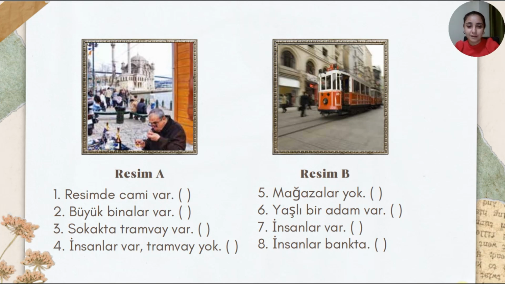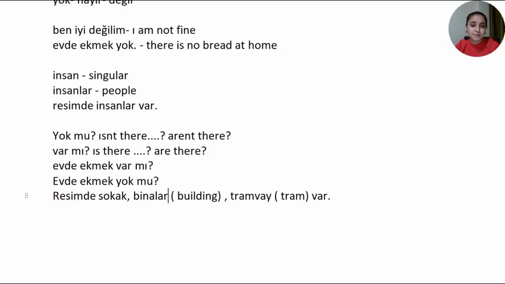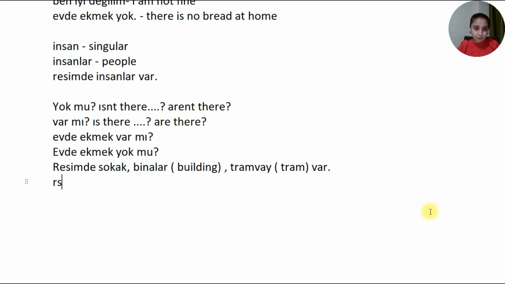Resim B and resim A. Also, we have a big building in picture A. And let's say resim A ve resim B. Ve is and. Let's say resim A ve resim B is a correct answer. Resim A ve resim B.